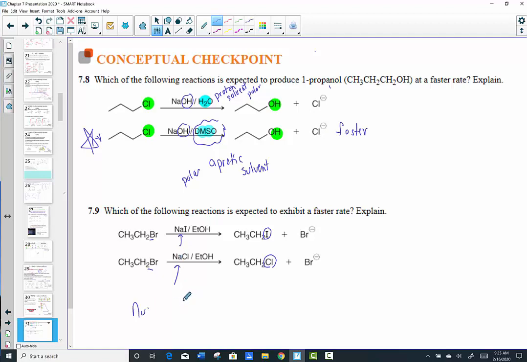In the first example, the nucleophile is the iodide ion, and in the second example, the nucleophile is the chloride ion. The iodide, with its larger, more polarizable electron cloud, is the better, stronger nucleophile. Therefore, this would occur at a faster rate. Whoops, wrong one. Faster rate on the iodide.